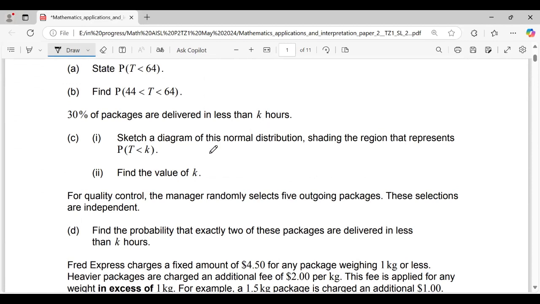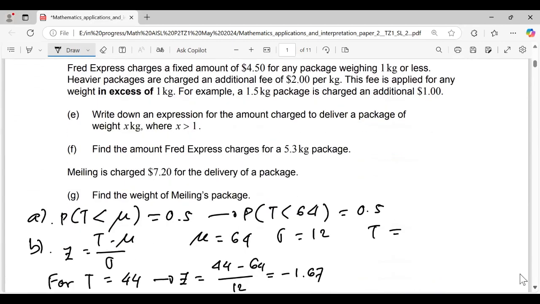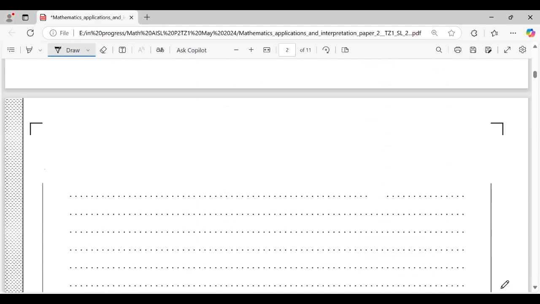Sketch a diagram of this normal distribution, shading the region that represents the probability that K is greater than T. Okay, we are going to sketch this normal distribution. The mean, mu, is 64 here.